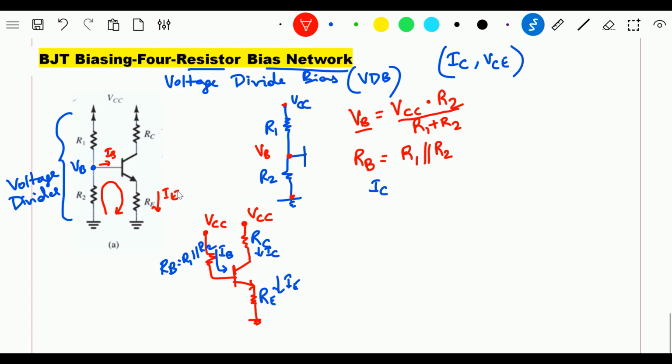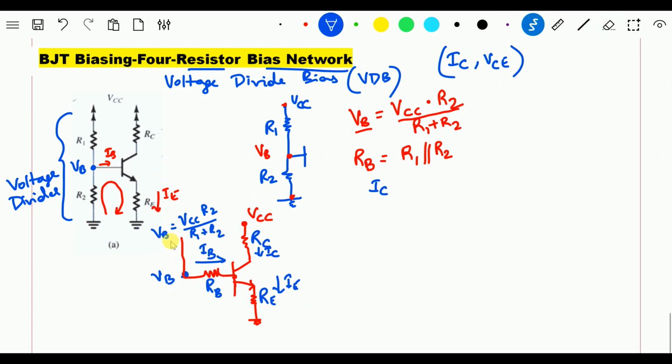So let me take this circuit which we have already written and write it in a proper way. If I write the equation for this particular loop, what will I get?